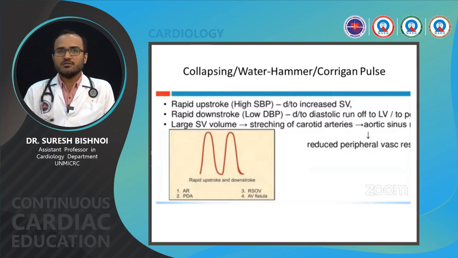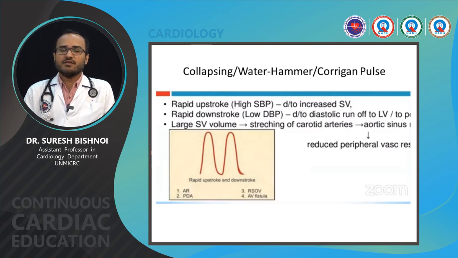So why does this occur? There are a couple of theories about it. First of all, it occurs due to a decrease in the peripheral vascular resistance. During initial very rapid ejection, there is stimulation of the carotid receptors, which reflexly leads to decreased peripheral vascular resistance, and there is a peripheral runoff of the blood.